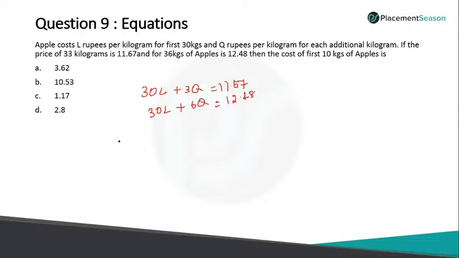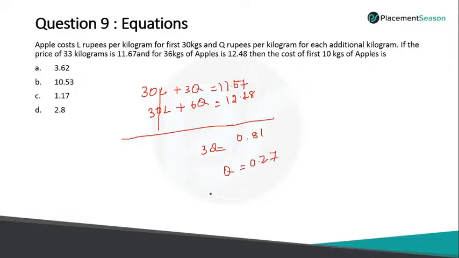Just a very simple equation. Just solve these both. I'll get what? 3Q is equal to, the difference is what? 11.67 and 12.48. That is nothing but 0.81. So Q will be 0.27, right? Q is 0.27 you got.